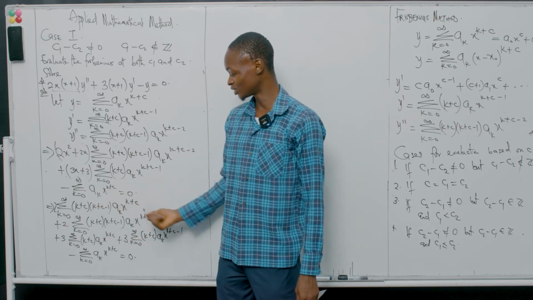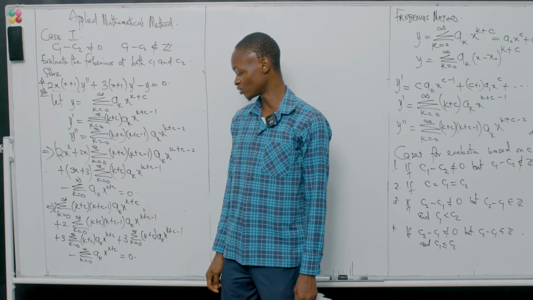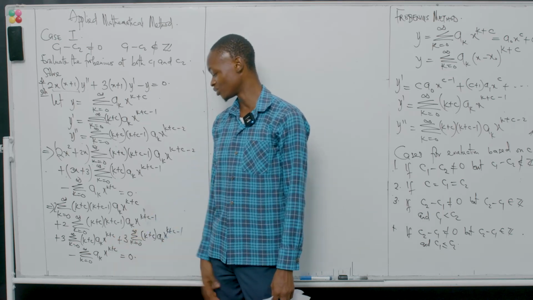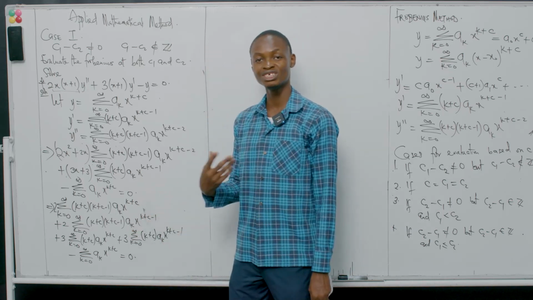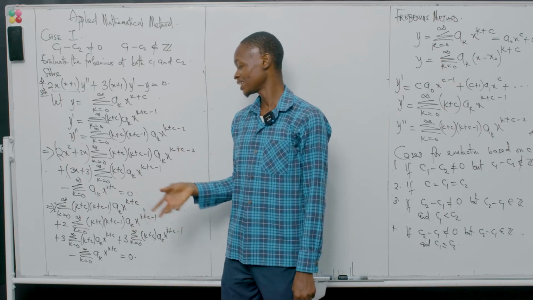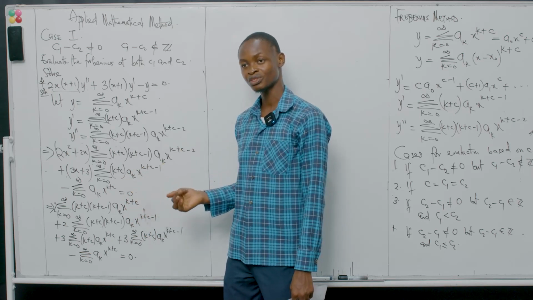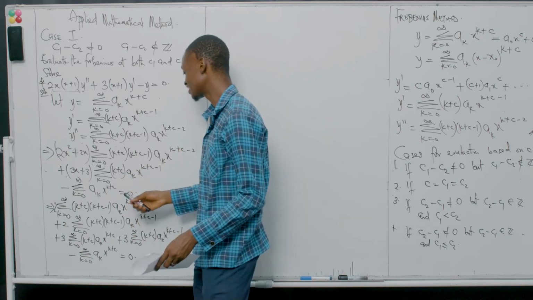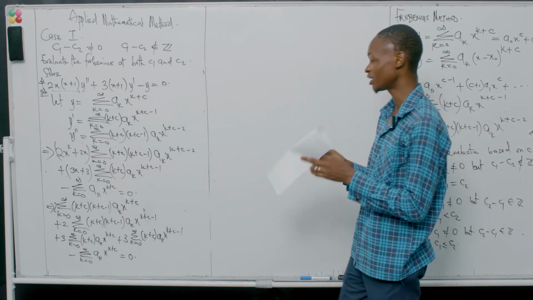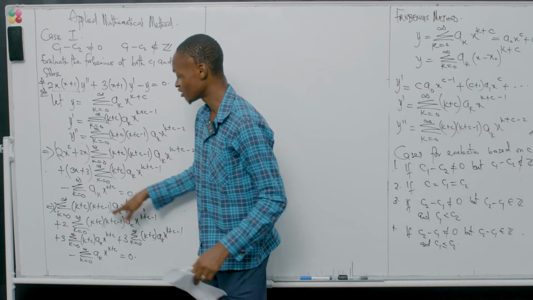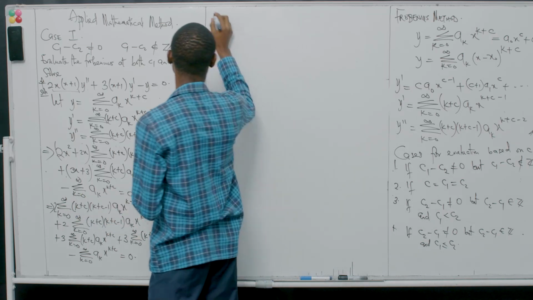Here you have k plus c, but here you have k plus c minus 1. Here you have k plus c minus 1. Here you have k plus c, k plus c. You need to bring all of them to k plus c. But unlike before, where you could easily play around with your counter, here you don't have that kind of freedom. So what do we do? First thing is you will give yourself room to play with that counter. We have no problem with this first one. The counter is fine, the variable is fine. So we write it out.